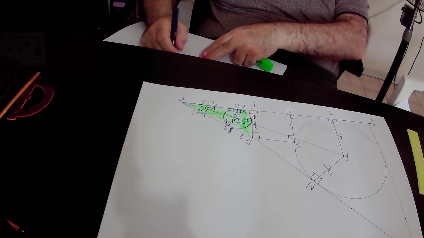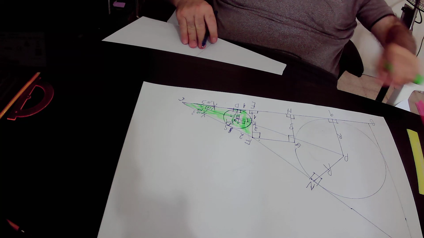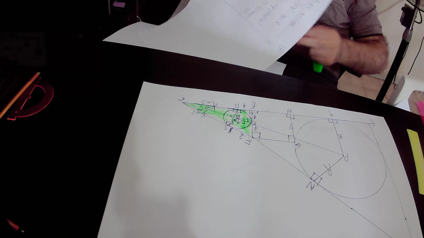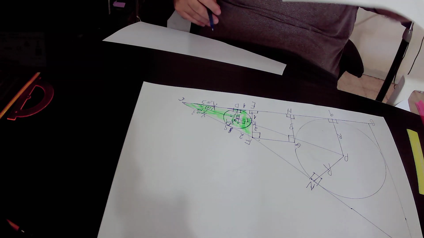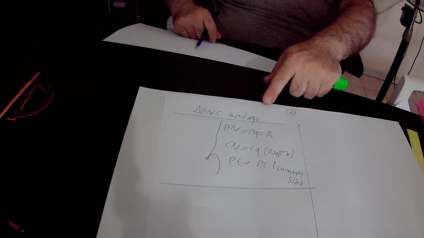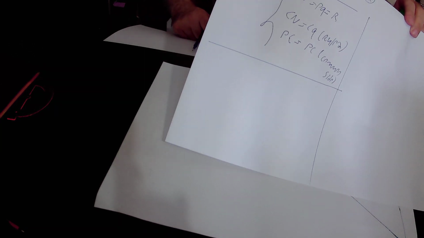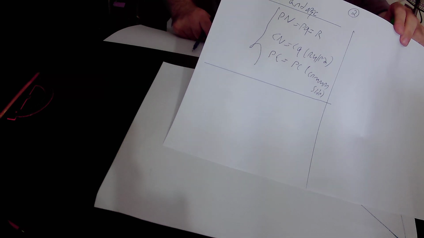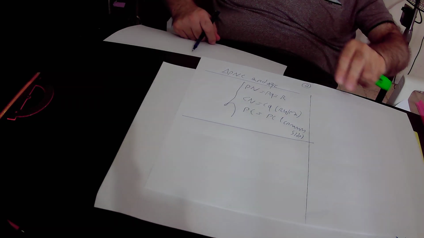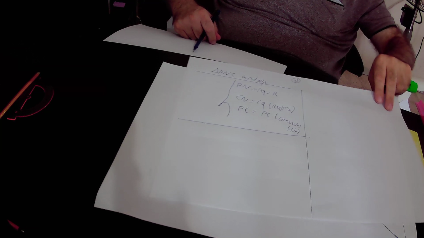Okay. So we actually proved that triangle PNC is congruent to triangle PQC according to side rule.